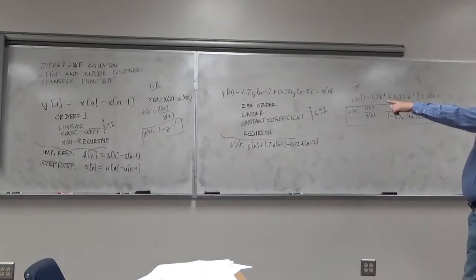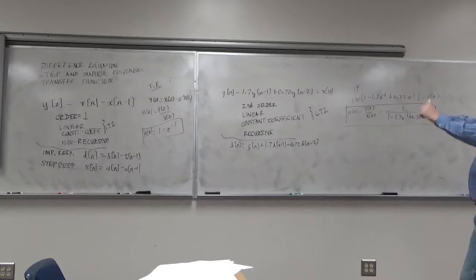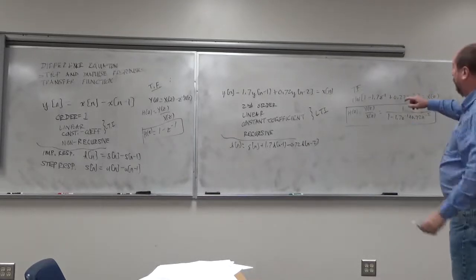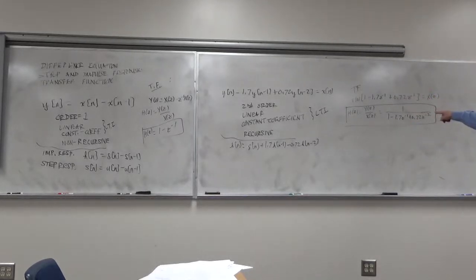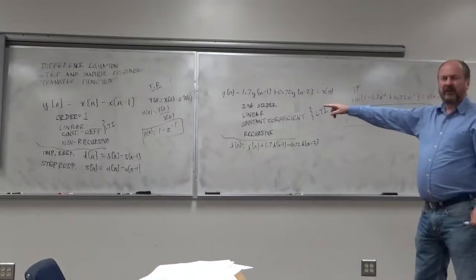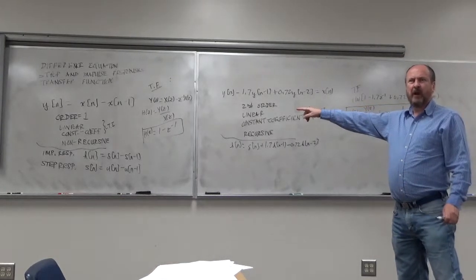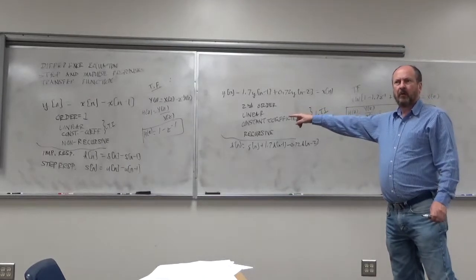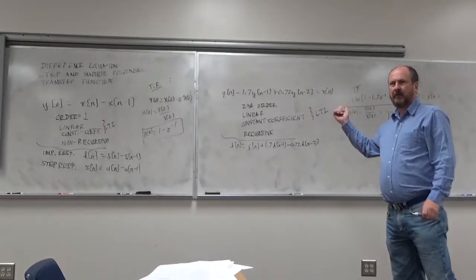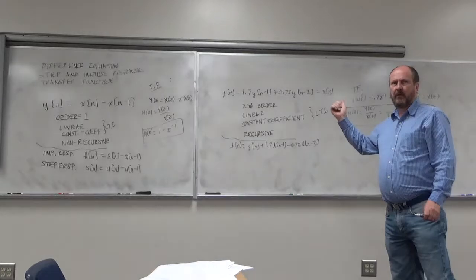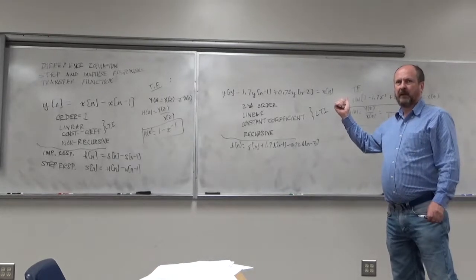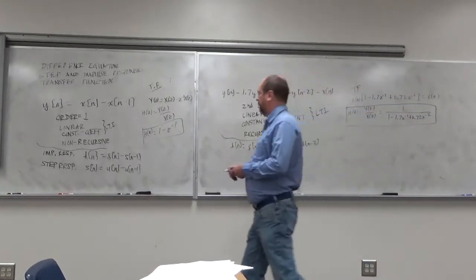Turns out it's just a power series in z, or actually it's a power series in z to the minus 1. This one will have a denominator. What does the denominator give you? The poles of the system, right? This one has no poles.